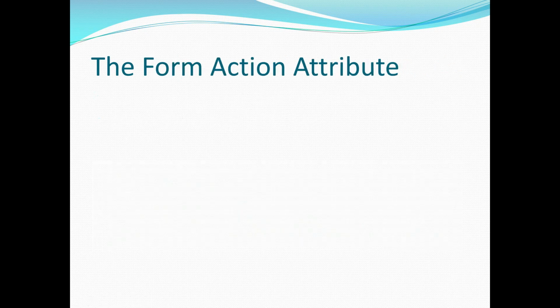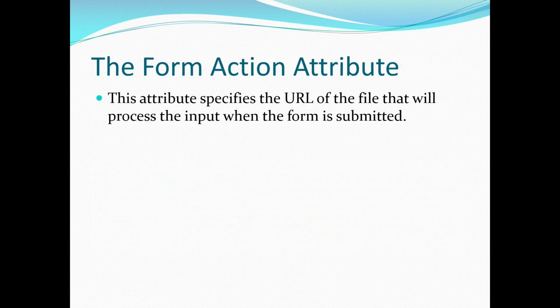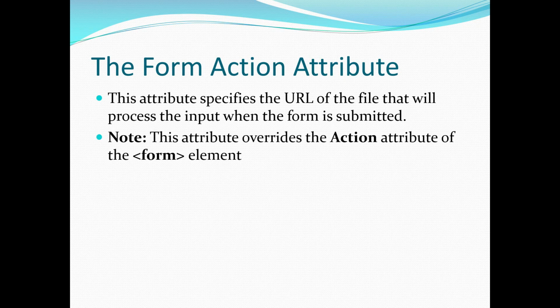The form action attribute. This attribute specifies the URL of the file that will process the input when the form is submitted. So inside the action attribute, we write the URL on which we want to submit the form. This is very simple. This attribute overrides the action attribute of the form element.